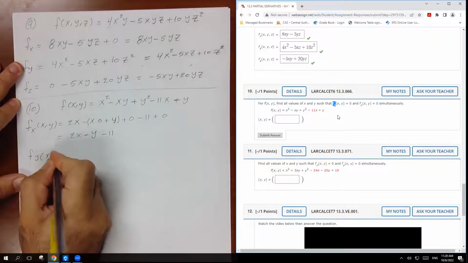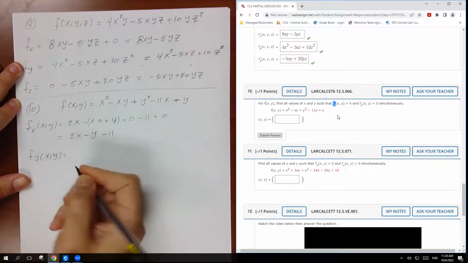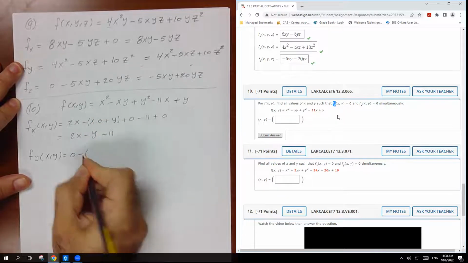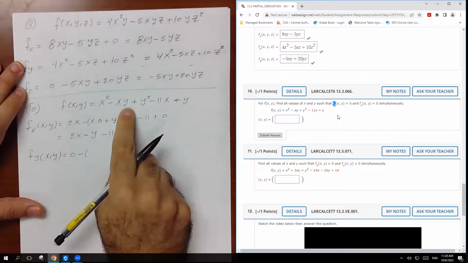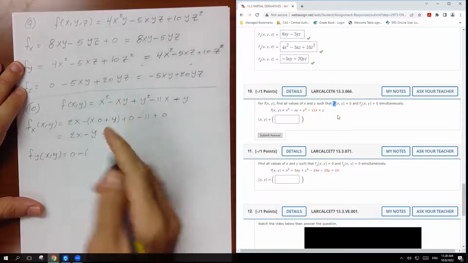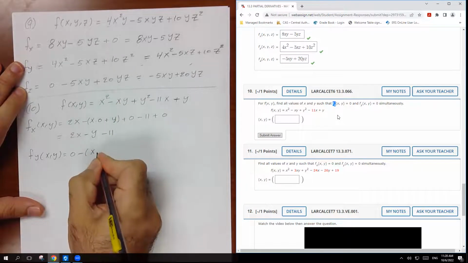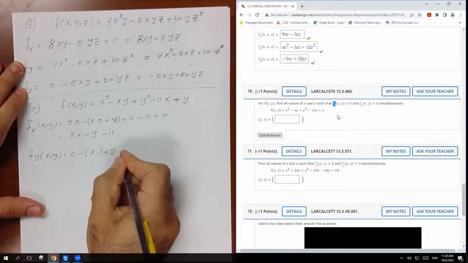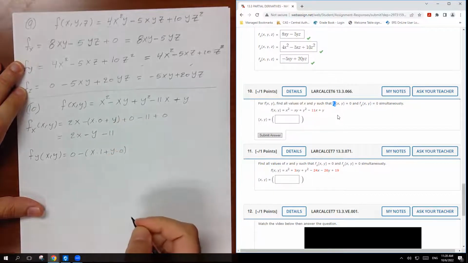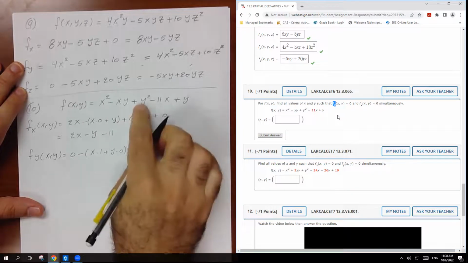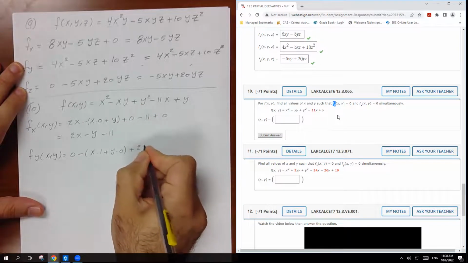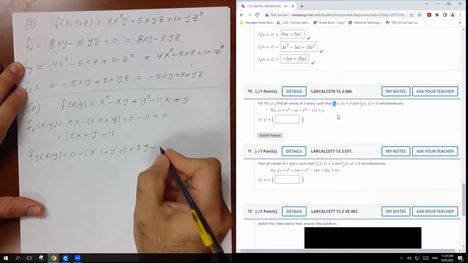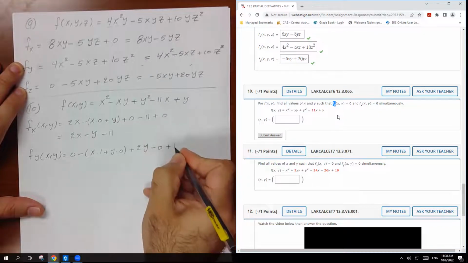F sub y of x, y is going to be, this is 0 minus, we're going to do the same thing here, but with respect to the y. So the first one times the derivative is going to be 1 plus the second one times the derivative, this one is 0. A plus the derivative for y squared is 2y, minus the derivative for everything here is 0 plus 1.